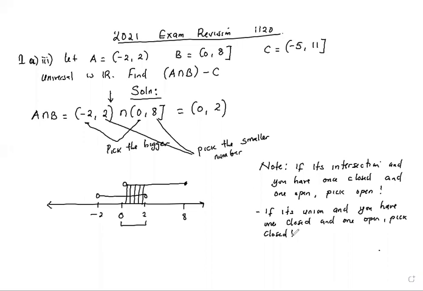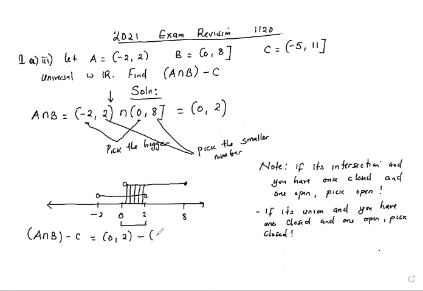Okay, we must subtract the C elements. Okay, we are subtracting. So I now get A intersection B minus C. So I have my A intersection B, 0 to 2. Minus, what is C?